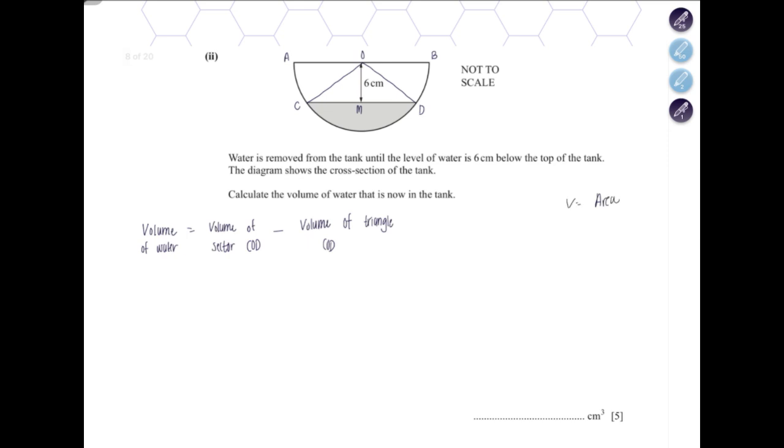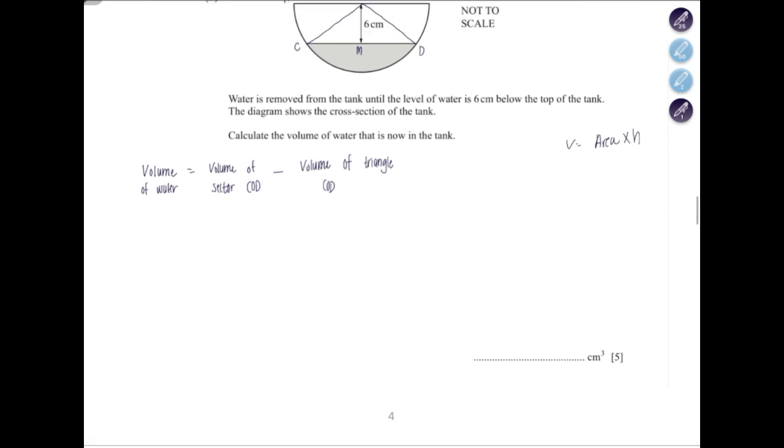Volume will be area times height. So we'll find the area of sector COD minus area of triangle COD, multiplied by 100, because our height is 100. This times 100.